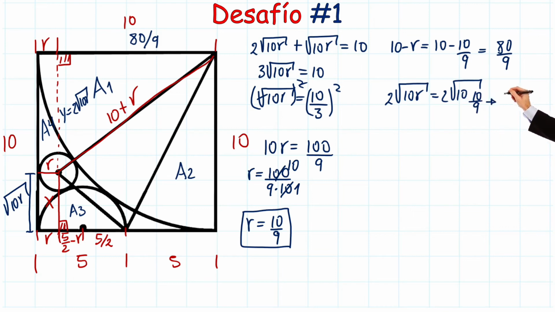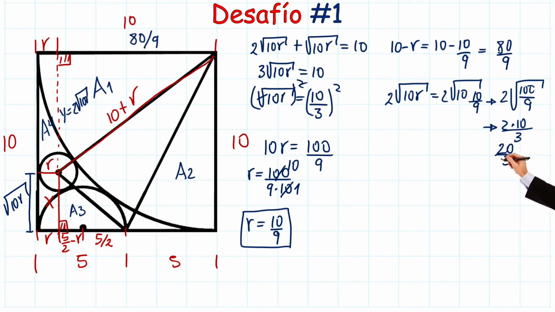We have 2 times the square root of 100 ninths, since 10 times 10 is 100. The square root of 100 is 10, and the square root of 9 is 3. We get 20 thirds. It's going to be the measure of y. That is, this measure here is going to be 20 thirds.